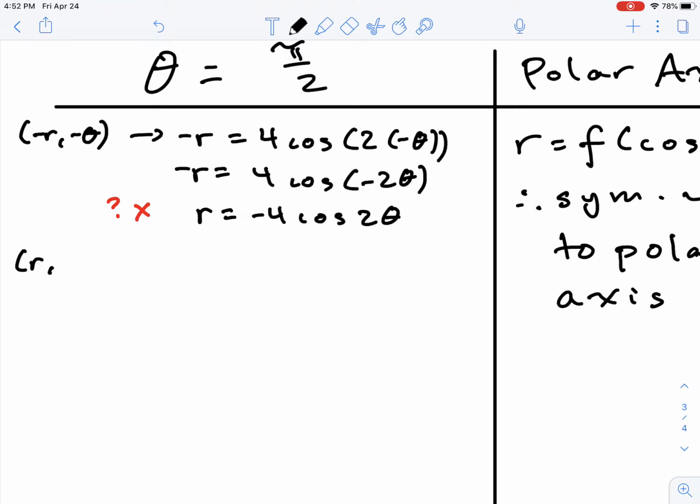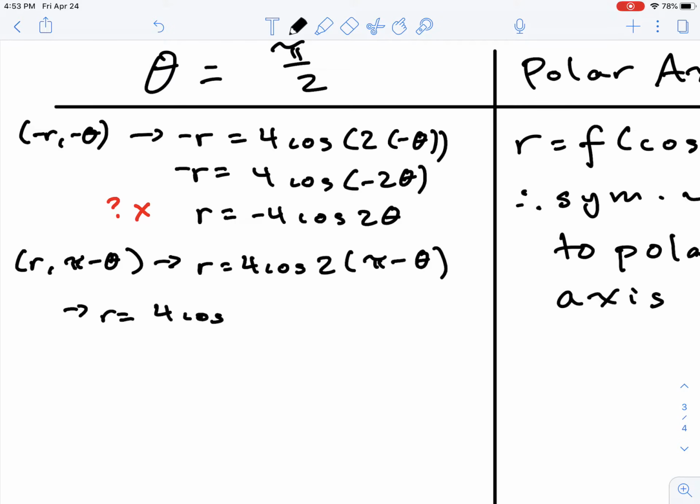The other way was to replace r and theta with r and pi minus theta. Let's see what this gives us. r is equal to 4 cosine of 2 times pi minus theta. Let's expand this. Before we use any identities, let's clean that up a little bit: multiply 2 times all of this, so r equals 4 cosine of 2 pi minus 2 theta.